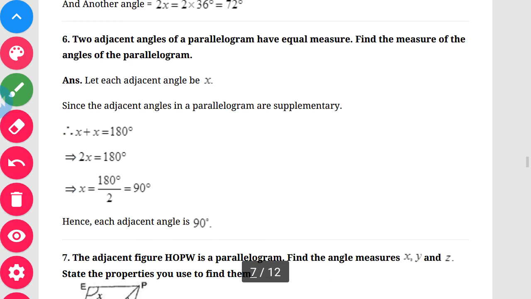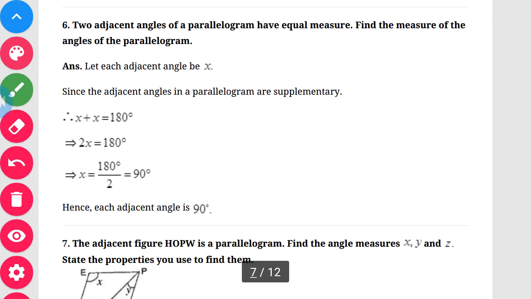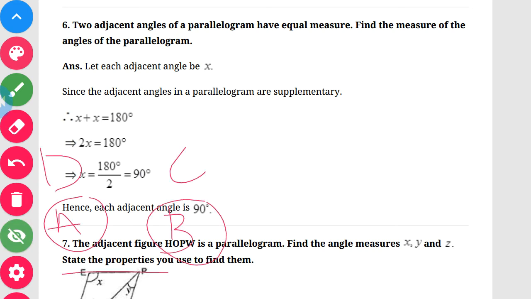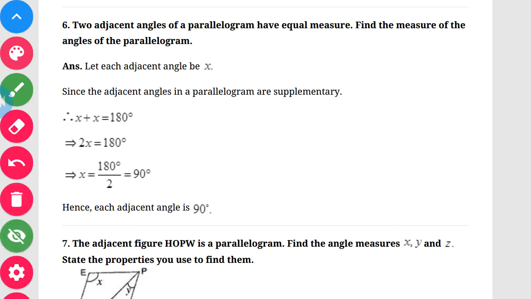If you just see, two adjacent angles of a parallelogram have equal measures. Find the measure of the angles of the parallelogram. Here, two adjacent angles of the parallelogram have equal measure, so take them as x, in terms of x, because we don't know the angle. But when we add them, we get 180 degrees, I'm sorry. So x plus x is equal to 2x. So 2x equals 180, and one angle we can easily find, that is 90 degrees.